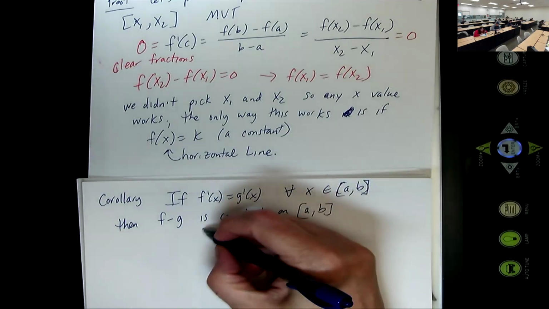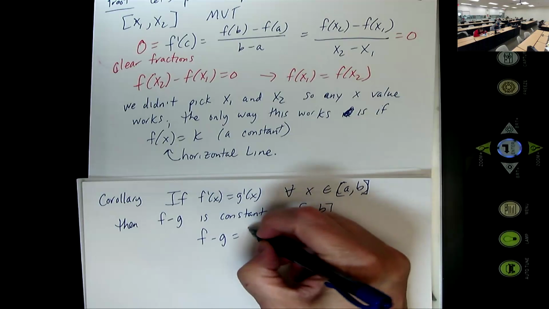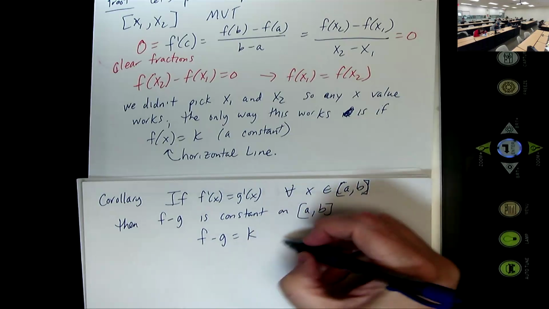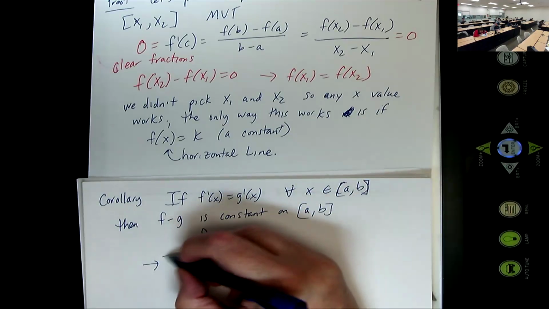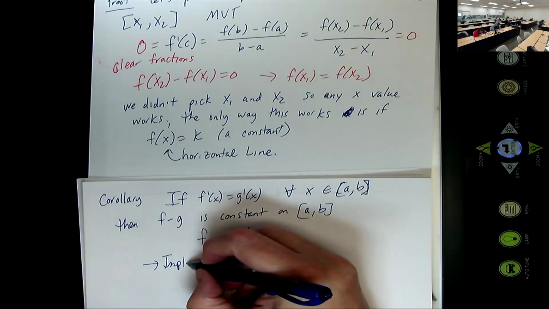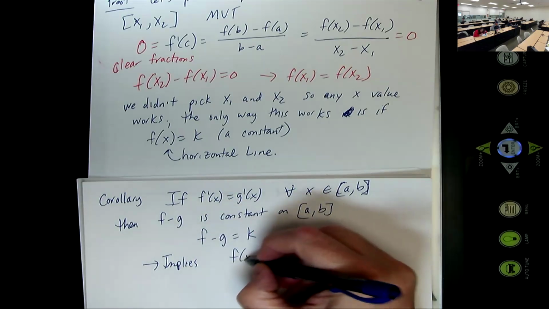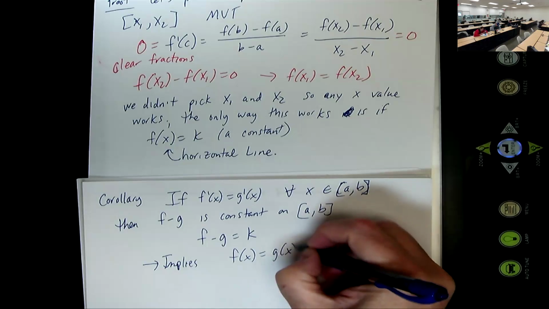In other words, f minus g equals some value k, which implies f of x equals g of x plus some constant.